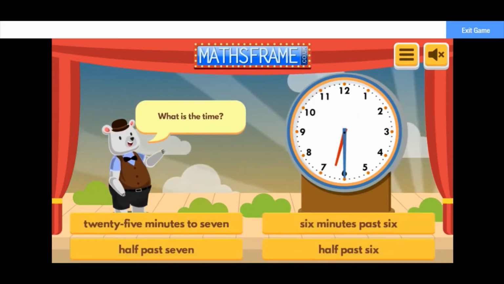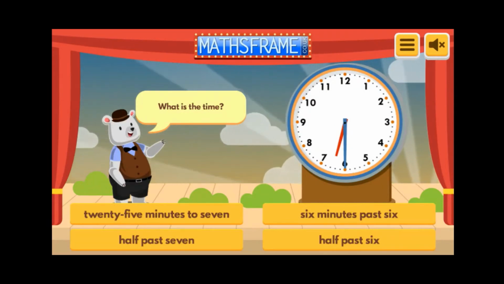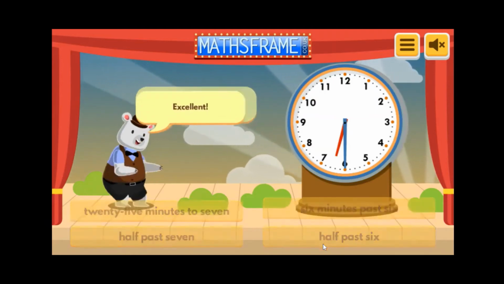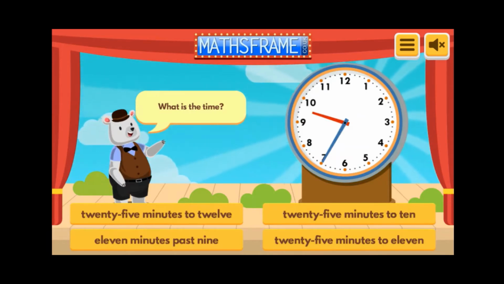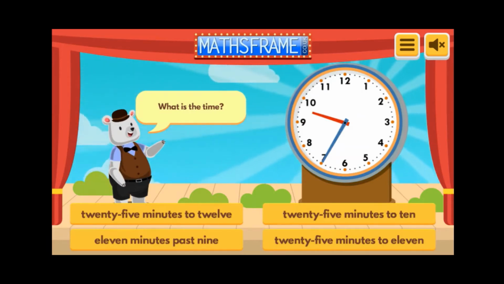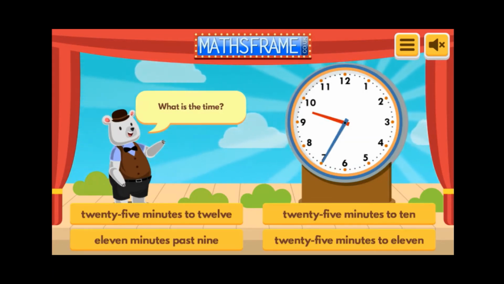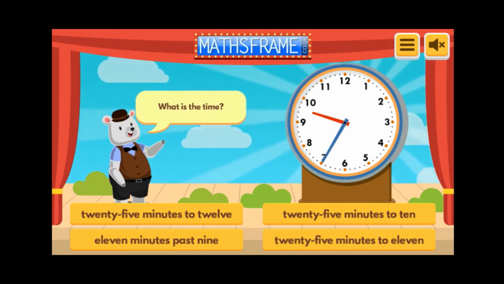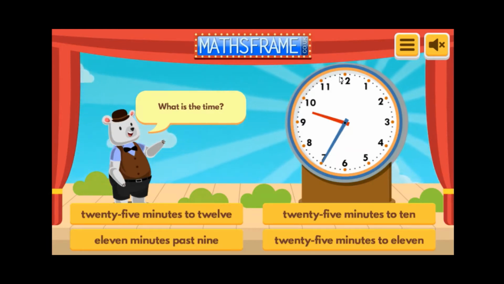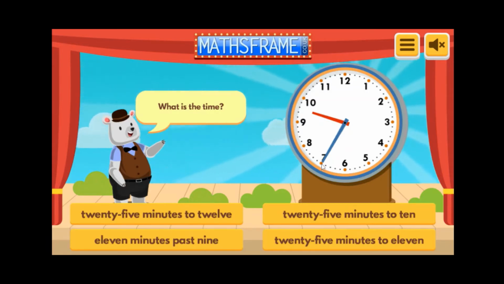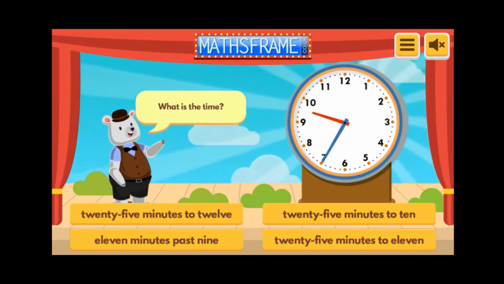Let's have a couple more goes. Right, you should be able to do this one nice and easily. In fact, we've had this one before. I'm going to skip this one, 6:30, because we've had that one. Have a look at this one. Okay, so remember, after 6:30 we start counting to the o'clock, and this is 25 minutes to 10.